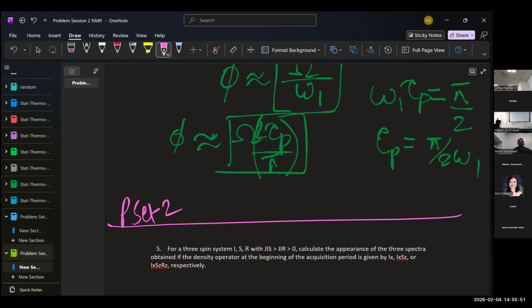Now, if you do it the other way, if you start with IY magnetization and apply a 90-degree X pulse, which you can do at home, you'll discover the same thing works. And now it looks like there's an extra 2 tau p over pi first, and then the pulse.